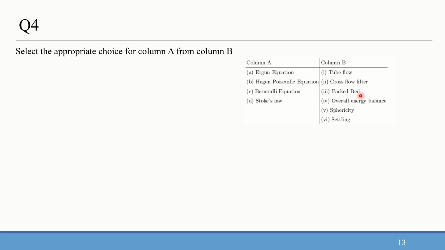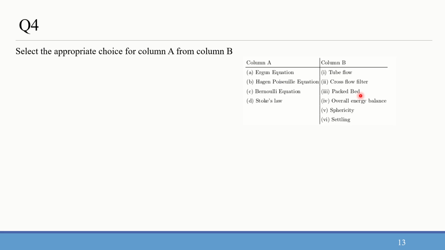First one is Ergun equation. So Ergun equation is used for finding the pressure drop inside the packed bed. So option A we can go with 3, and second one is Hagen-Poiseuille equation, which is used in the tube flow, and third one is Bernoulli equation. So Bernoulli equation is used for overall energy balance, and finally we have Stokes law.